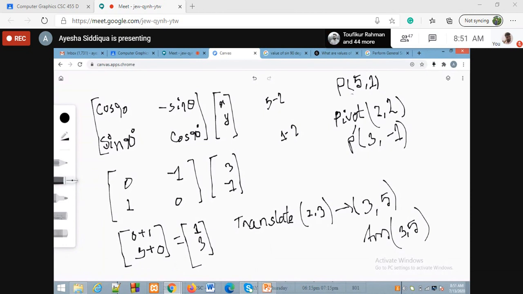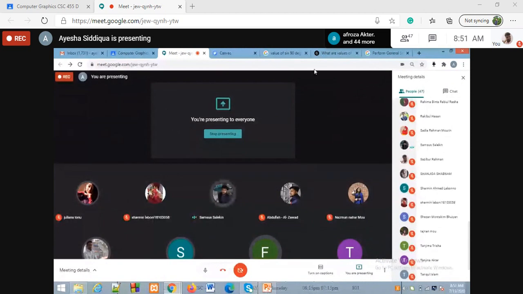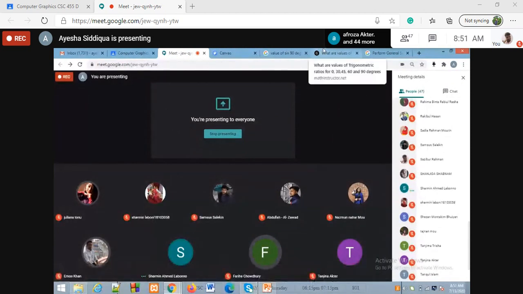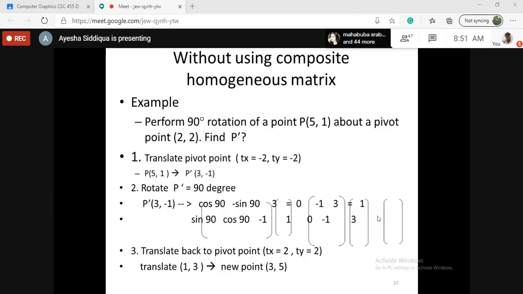That is why it is written minus tx minus ty from the initial value p1. Do you understand? Yes, ma'am. Who was asking for this value? Ma'am, pivot point tx is equal to minus 2 and ty equal to minus 2.